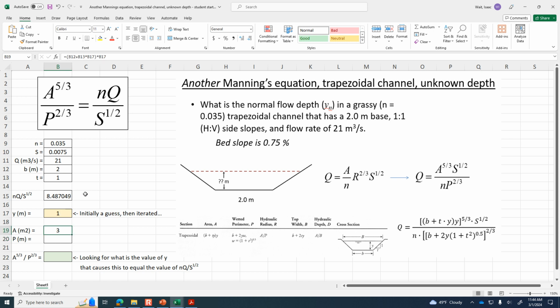So if it is 1 meter deep, then the area is 3.